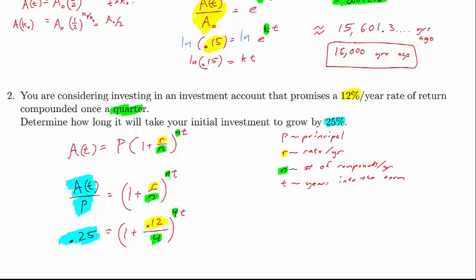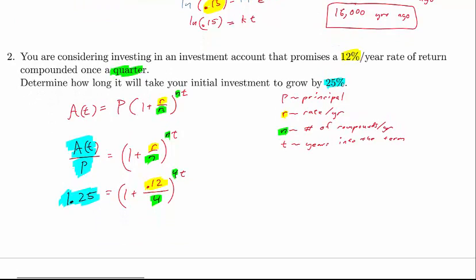We do not want our investment to shrink by 25%. We want it to grow by 25%. So we put a 1 in front of it. We not only want our whole investment to still be there, we want 25% more of it to be there. So that's why we set it up that way.